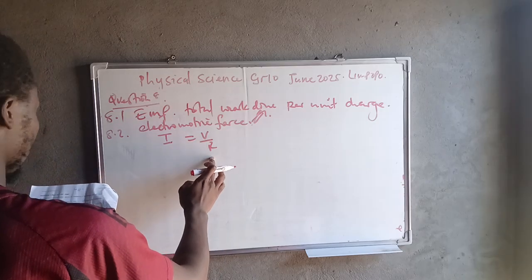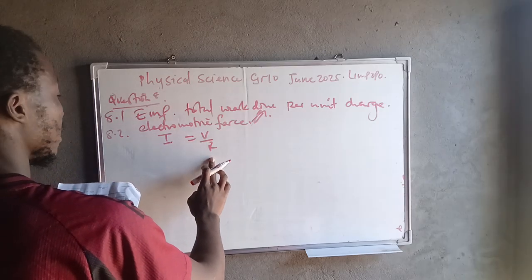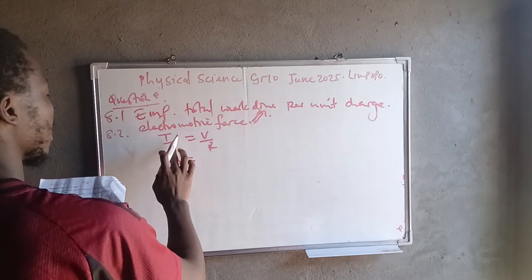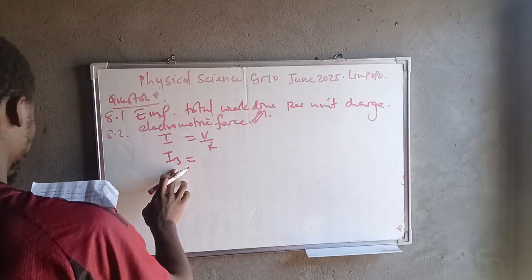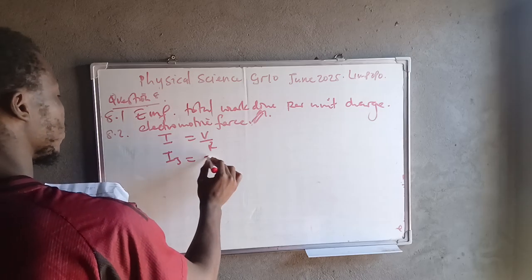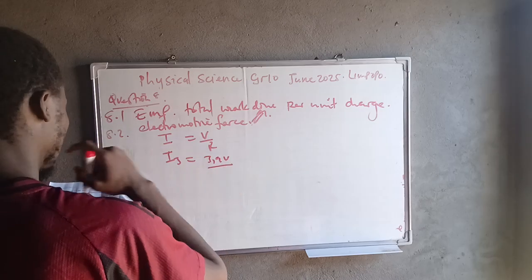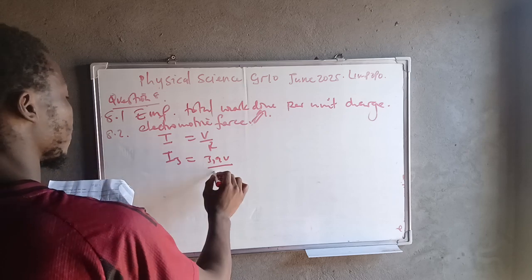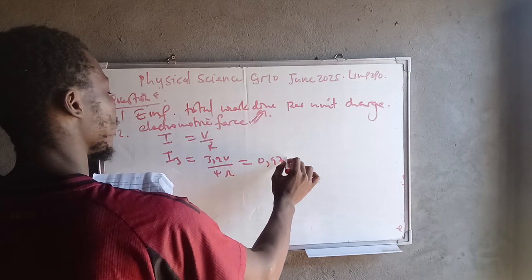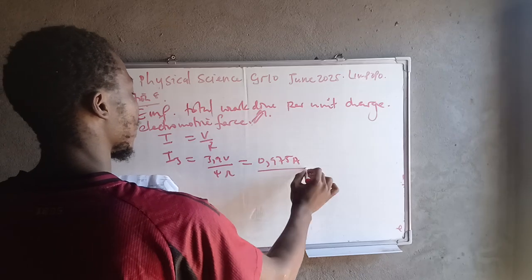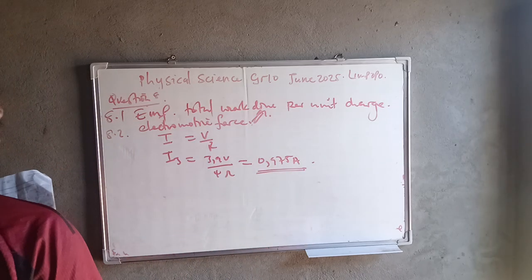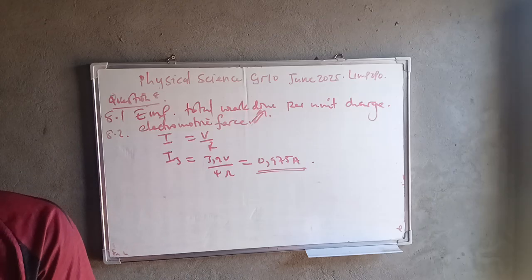That means the current on 3 equals the voltage, which is 3.9 volts, over the resistance of 4 ohms, which will give us 0.975 amps. That will be the current passing through that.